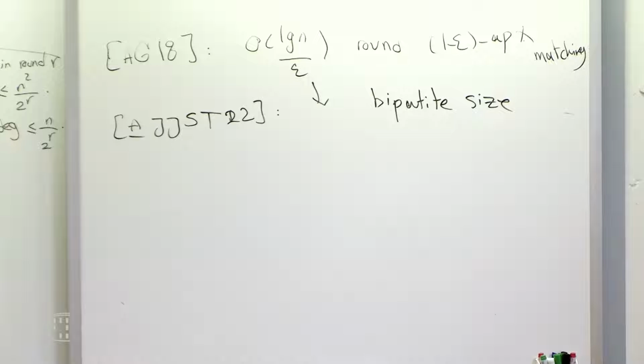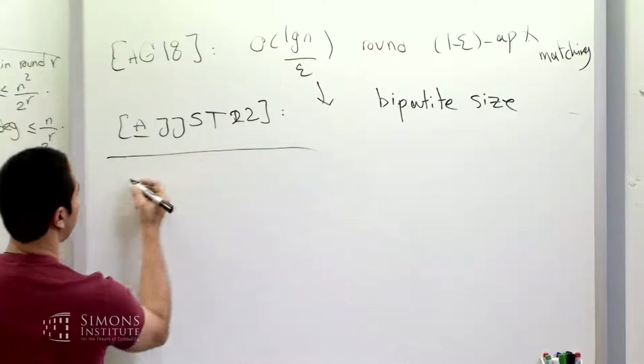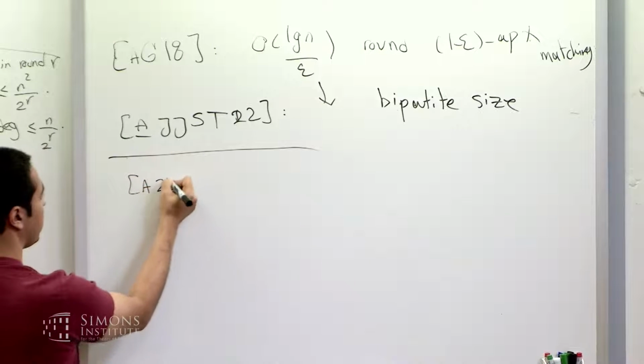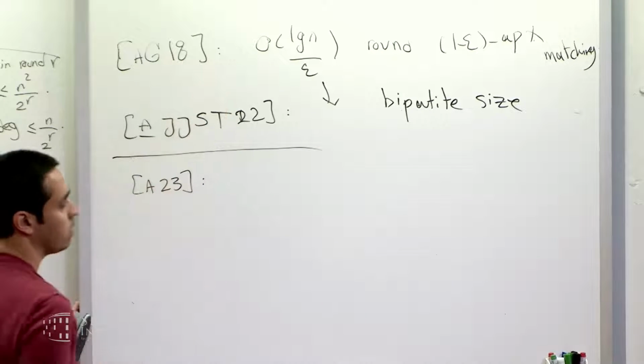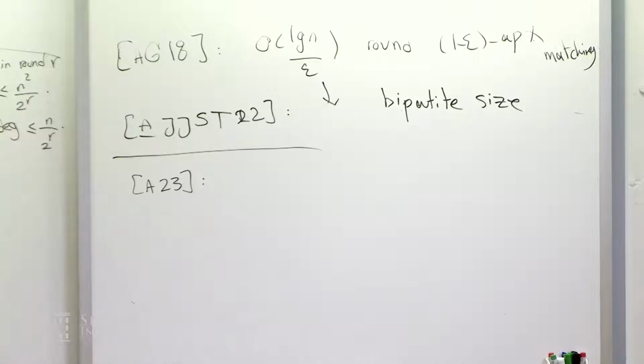You do not try to compress many rounds into a smaller number of rounds of adaptivity that makes it very messy. But still, this is not a simple algorithm. And what I want to talk to you today is a very simple algorithm that gets that bound, log n over epsilon rounds of adaptivity, 1 minus epsilon approximation, works even for weighted non-bipartite matching.